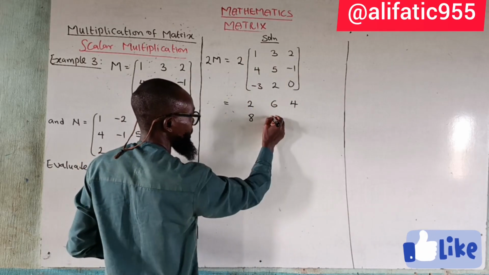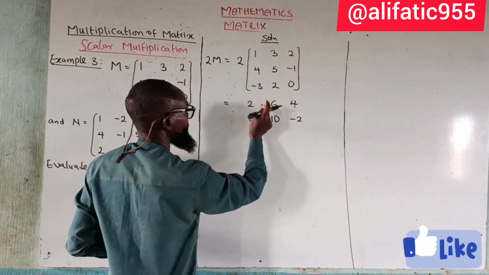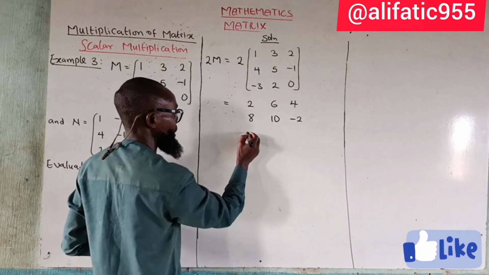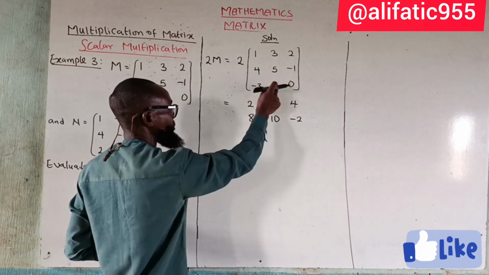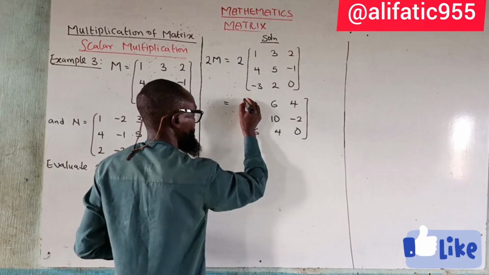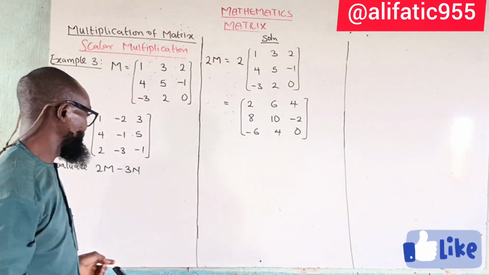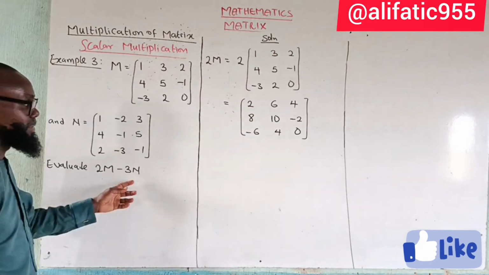2 times 5, 10. 2 times minus 1, minus 2. 2 times minus 3, minus 6. 2 times 2, 4. Then 2 times 0, 0. I've gotten the scalar multiplication of 2M. Let me now work out 3N.